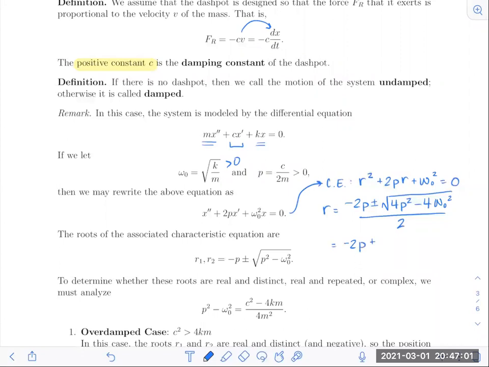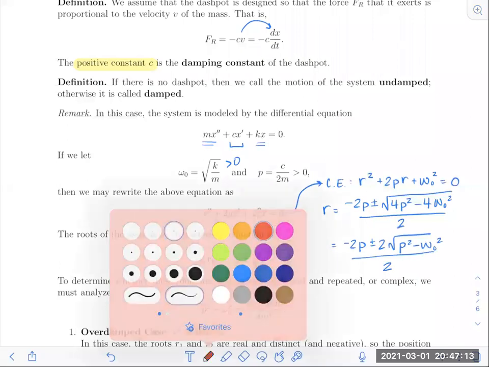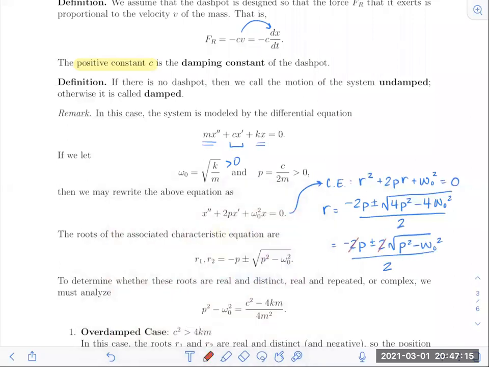The square root of 4 is 2, so we'll pull that out front. That leaves p squared minus omega naught squared inside. And lastly, I can cancel a 2 on top and bottom. Sure enough, that leads me to exactly what we have here: negative p plus or minus the square root of p squared minus omega naught squared.